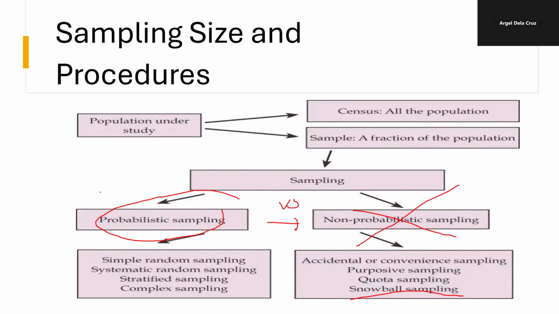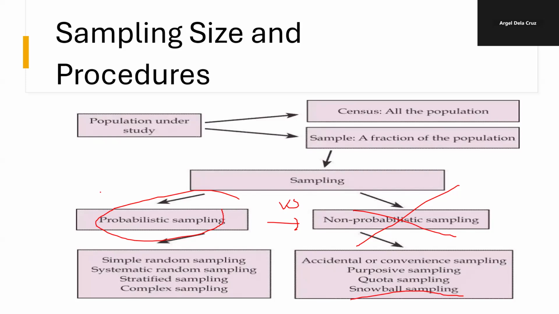Therefore, your result here is more representative of the research population. Therefore, there's a higher chance that you can generalize a conclusion that will apply to the research population.